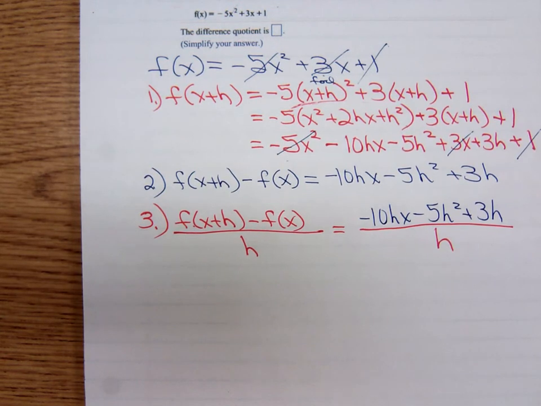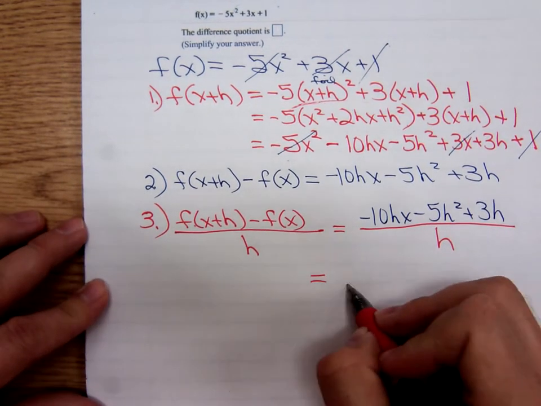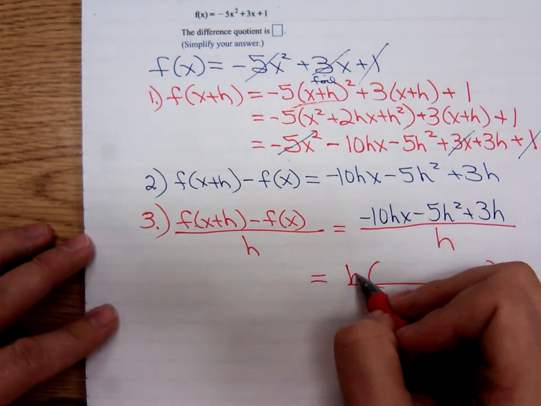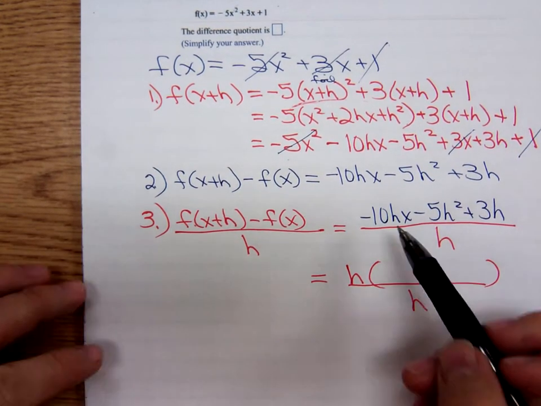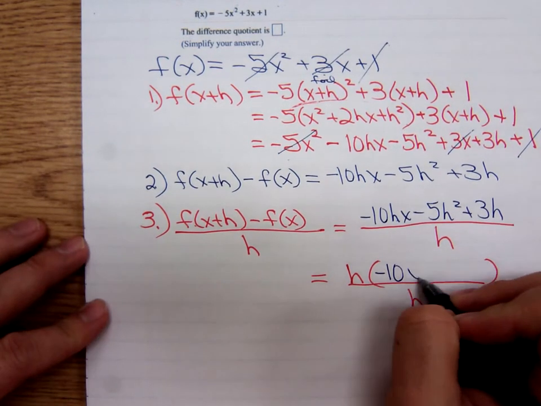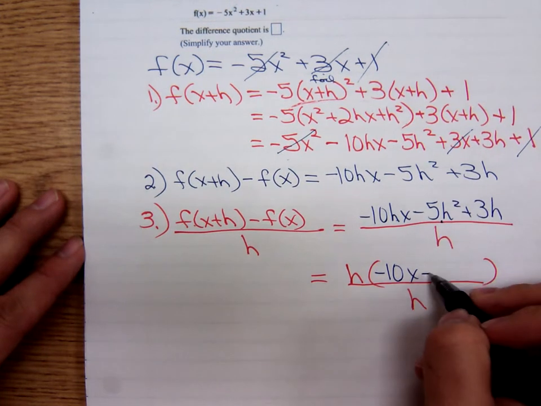What can I do now? Okay, I can take out an h from the numerator. I'm factoring out an h. So, taking out an h from the first term in the numerator, I have a negative 10x. What have I got left here? A minus 5h, I agree.